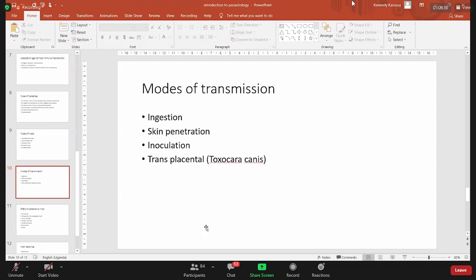So in skin penetration, probably the best example would be the hookworms. The infective stages of the hookworms penetrate the skin. The other example I had given, trypanosomes, use the mode of inoculation.